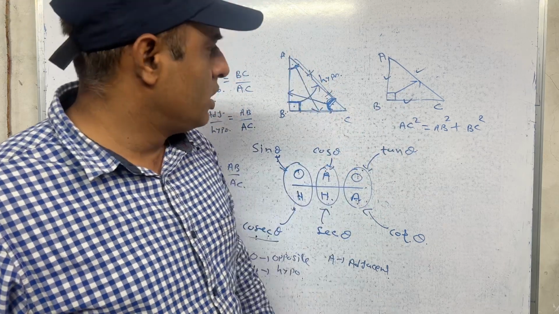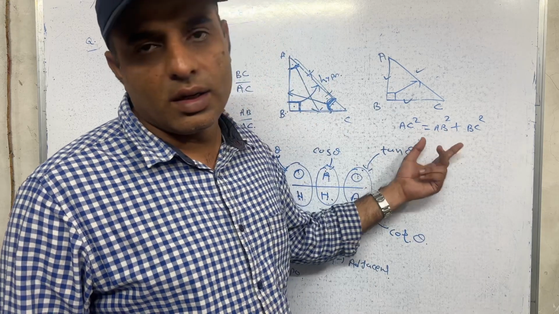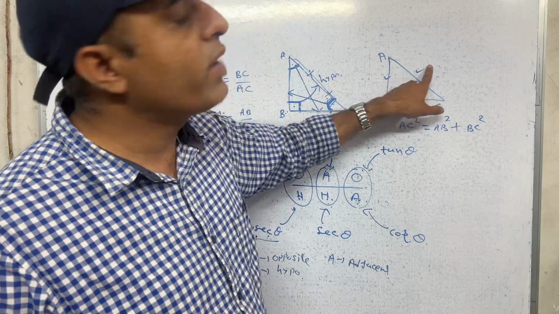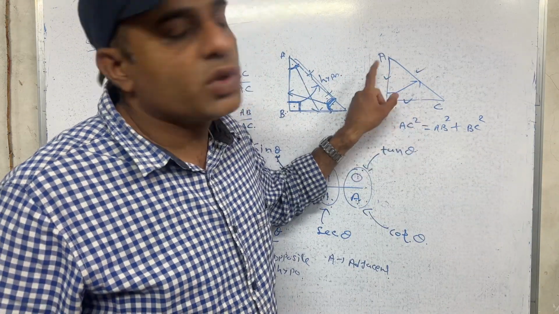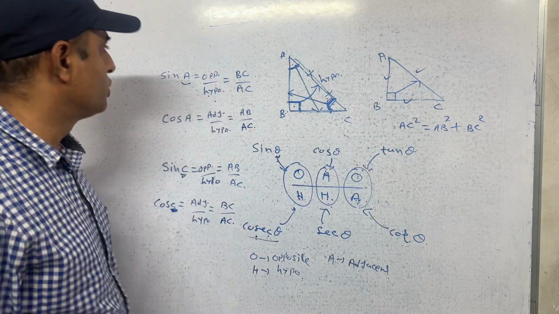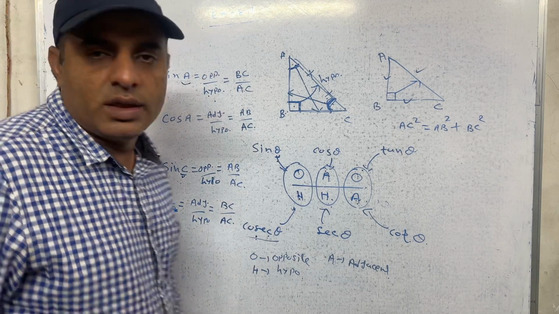It is a bit difficult to remember by words, but just remember this: on one side you write the square of the hypotenuse, and on the other side you write the squares of the other two sides and add them. That is the Pythagoras theorem. So these are all the basics to understand trigonometry.